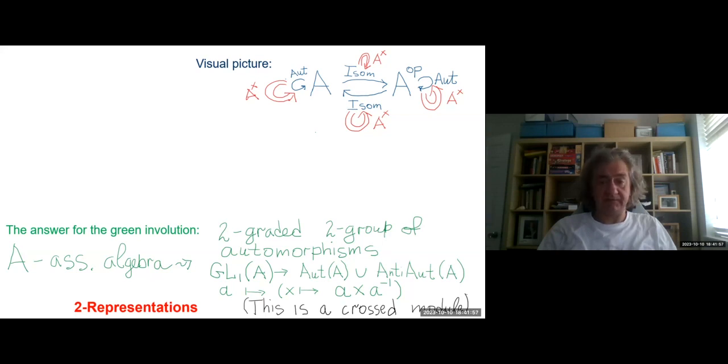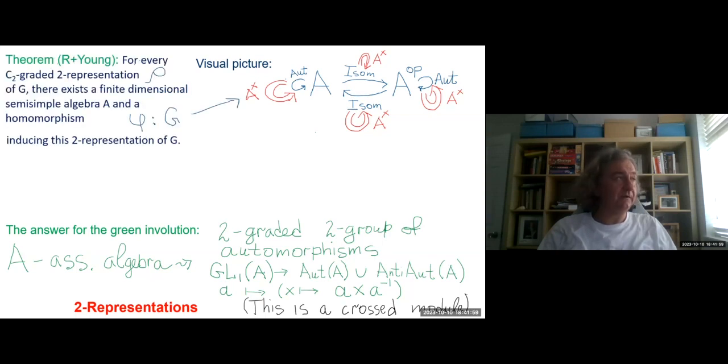Advance to the next animation. And here is our main theorem, this message now.